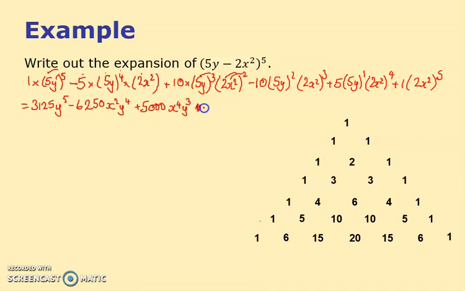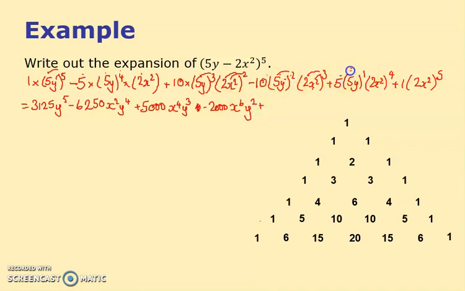This time it's a minus. 10 times 5 squared times 2 cubed. And I get 2,000. So again, 5 squared, 2 cubed. That's where people go wrong on these. This is 2,000. Now x squared has also got to be cubed. So that's x to the 6. Y squared.